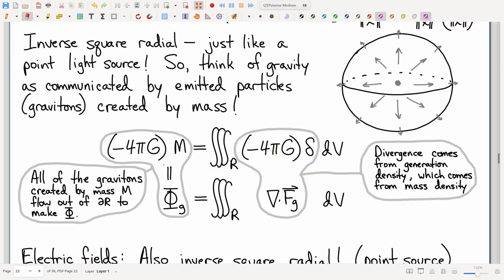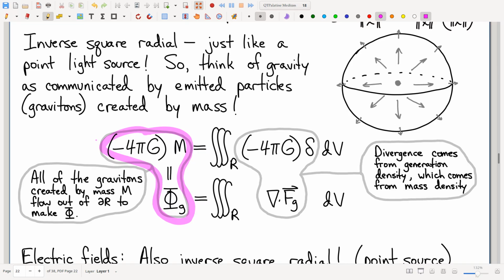Let's see here. This is where we're going to use the graviton point of view. I claim mass is proportional to flux. More mass gives more gravitational flux. Really not obvious if you think about this from a gravitational fields point of view. But if you take a graviton point of view, this becomes really clear because mass produces gravitons. More mass, more gravitons.